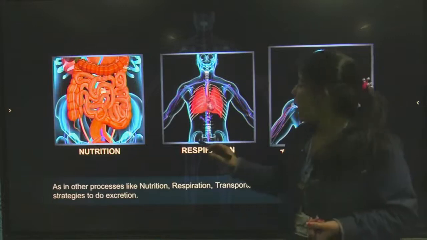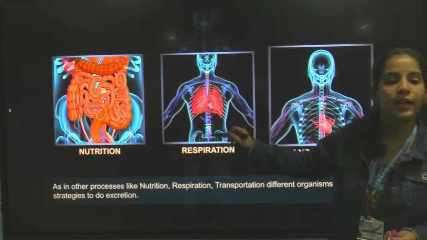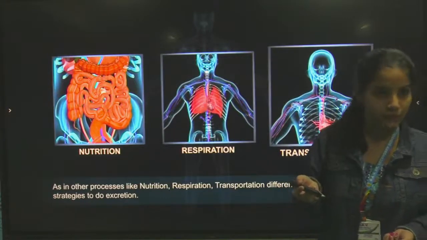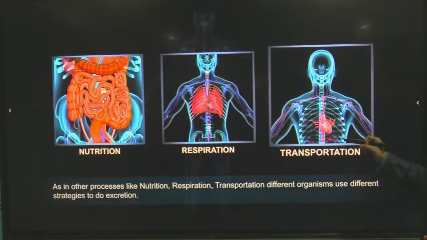Respiration. What is the waste material in respiration? Carbon dioxide that can be expelled out. And in transportation, deoxygenated blood, ठीक है, gets filtered in the lungs.